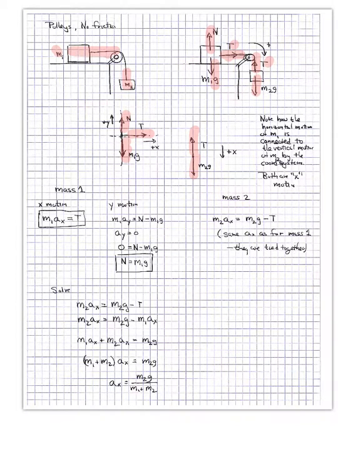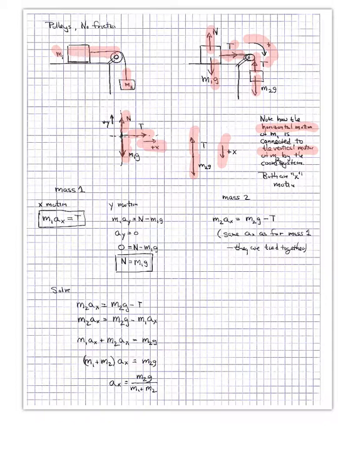So I'm going to say this motion, the sort of clockwise motion, is going to be positive. So I'm going to call positive x here, and this is also going to be positive x because I want the x motion of mass 1 to be the same as the mass 2 x motion. So I'm connecting the horizontal motion of m1 to the vertical motion of m2 using the coordinate system.